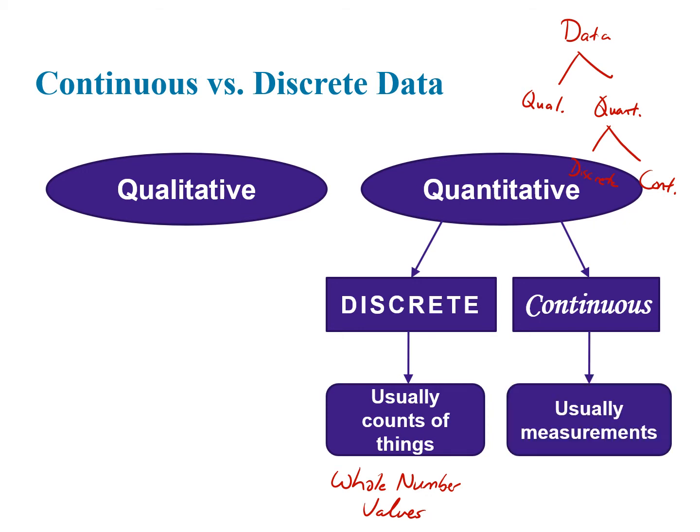Continuous variables, we're measuring objects. So because we're measuring, these are just going to be real numbers. So they might be a whole number, or they could take on decimal values or fractional values. So these can be fractions or decimals.